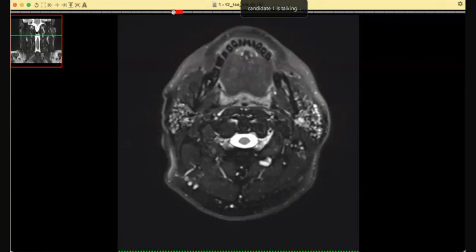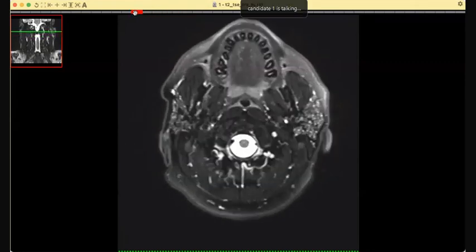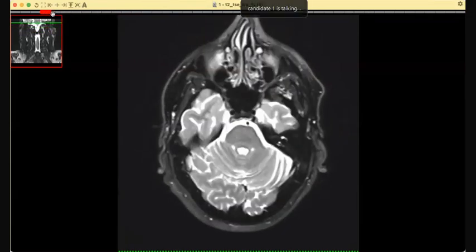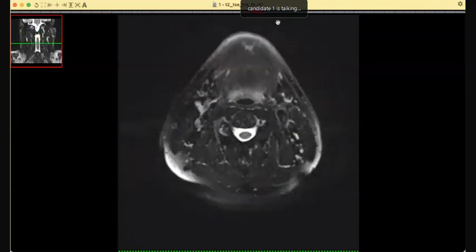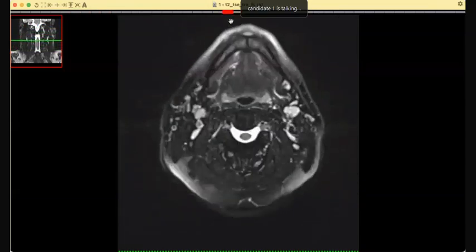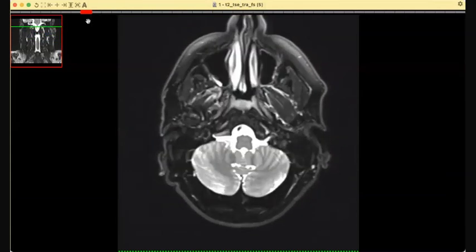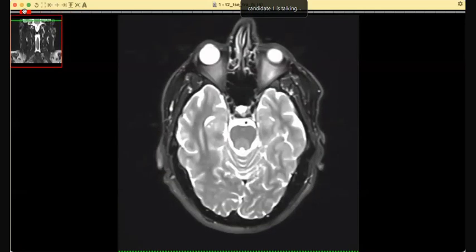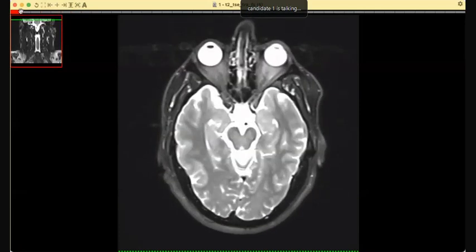Just scrolling, yeah, thank you. So I'm presented with axial MRI of the skull base and neck in fat-saturated T2 sequence. I'm just going to scroll through the images in the given set before I comment.